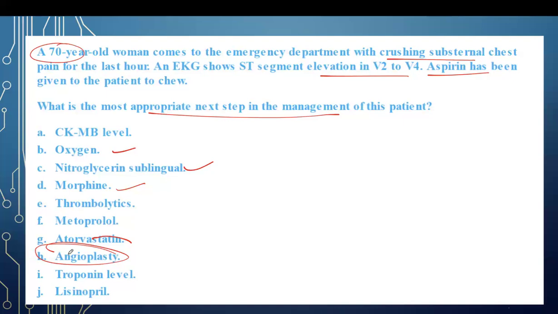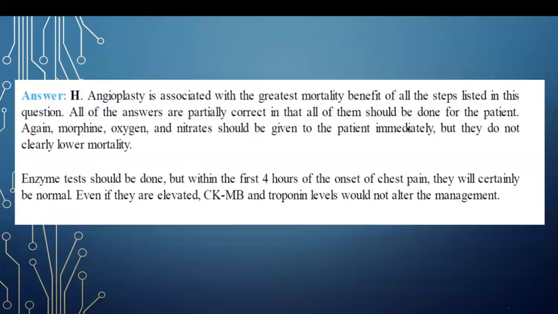Now, I know you can say that this patient has pain, and yes, morphine should be given. That is right. But the question is, you have given aspirin, so what is the most appropriate next step? The most appropriate next step is to take this patient to the cath lab and get the angioplasty as soon as possible.